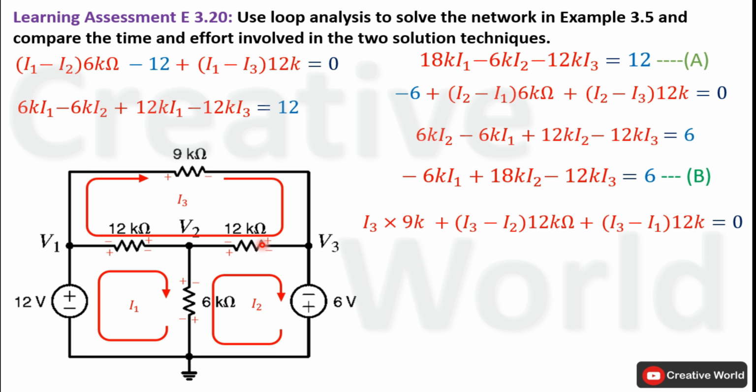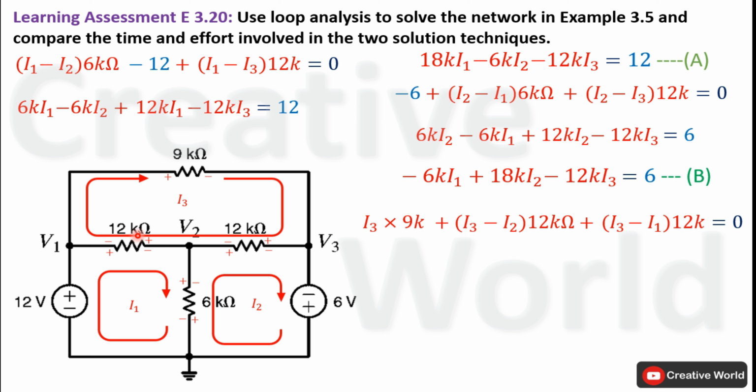Next, current entering terminal is positive, so voltage across this 12 kilo ohm resistance will be taken with positive sign, but for now we are taking voltage across this resistance according to the polarity of current I3. So current I3 minus I2 multiplied by 12 kilo ohm will be equal to voltage across this 12 kilo ohm resistance. I3 minus I2 multiplied by 12 kilo ohm.